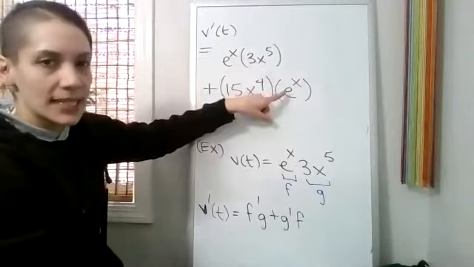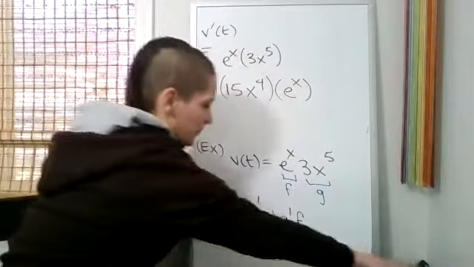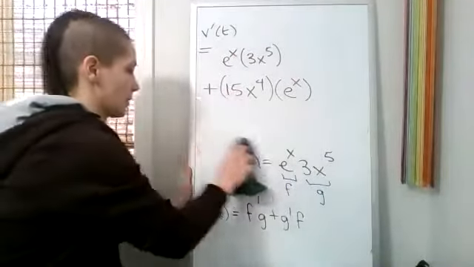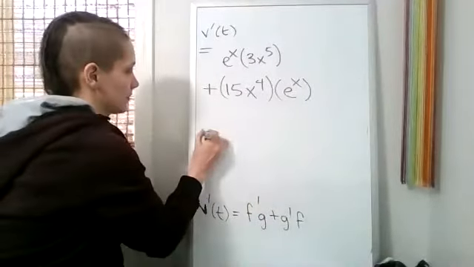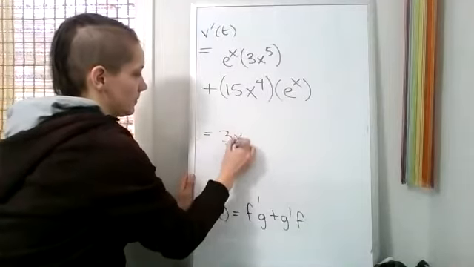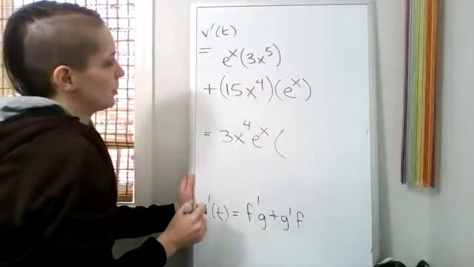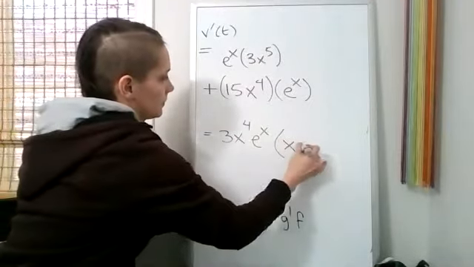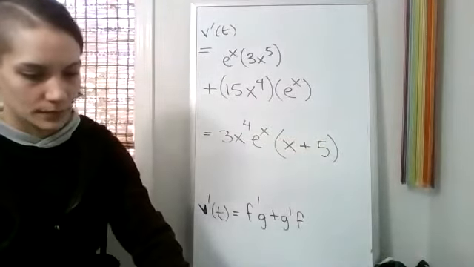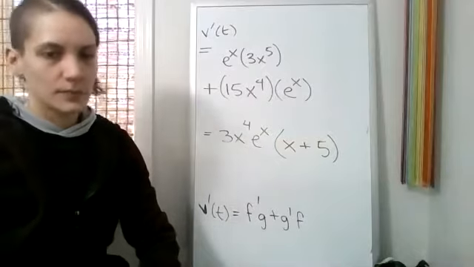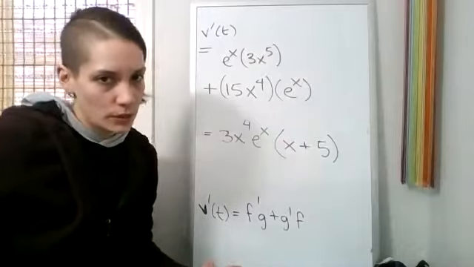I did factor out the e to the x, and also I took out 3x to the 4th. Okay, so what are we doing? Let's try one more. And then we're going to go through the proof.